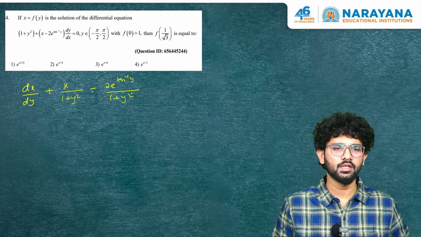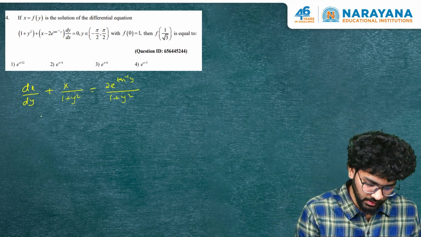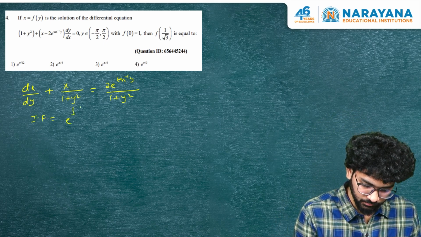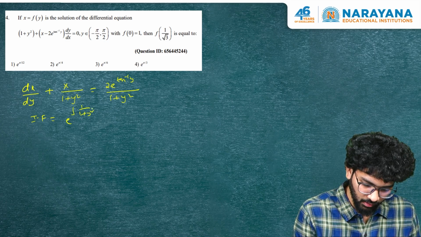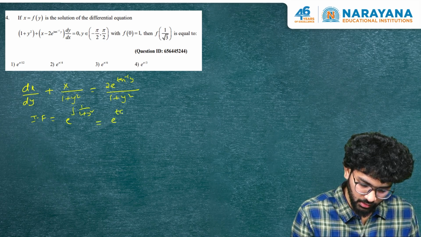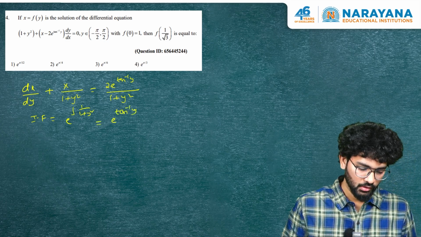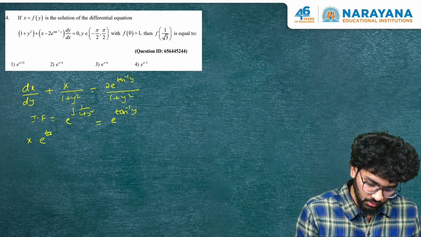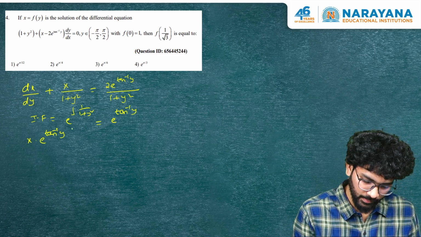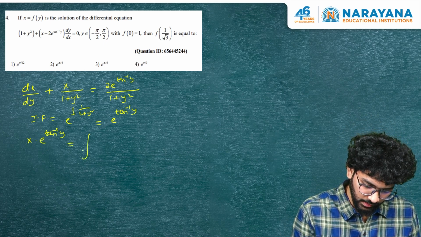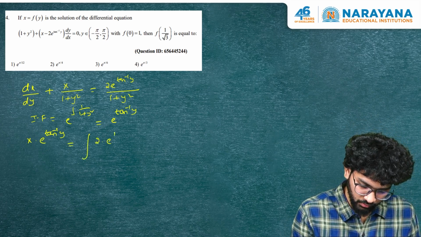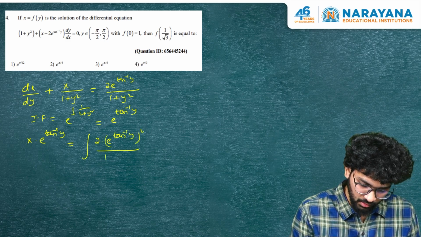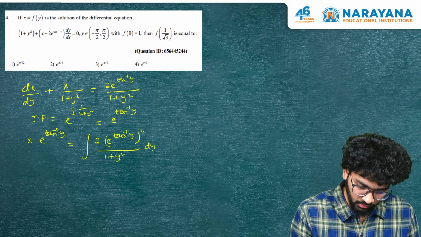Now if you see, it is a linear differential equation. So first we have to find the integrating factor. The integrating factor is equal to e power integral of 1 by 1 plus y square, which will be e power tan inverse y. Now the solution of this differential equation will be x into e power tan inverse y is equal to the integral of 2 times (e power tan inverse y) whole square by 1 plus y square dy.